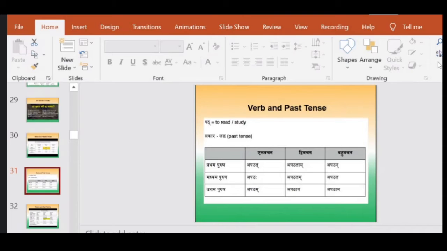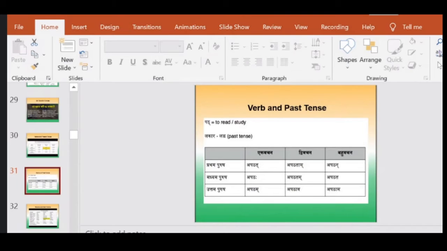And if I say Aham apatam, it means I read it. So it becomes absolutely clear. And if I say you read it, then you will say Tvam apathah, you read it. So this is another nine versions of the word pat for one single tense.